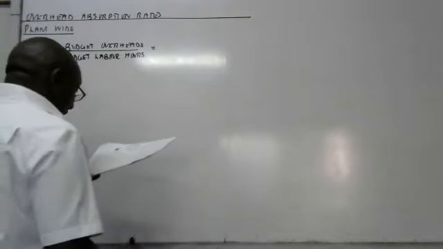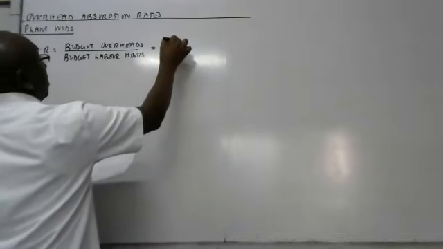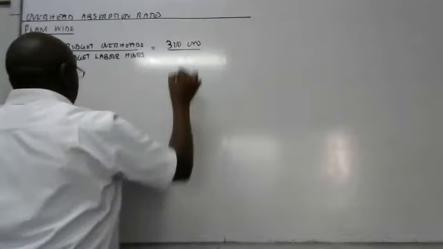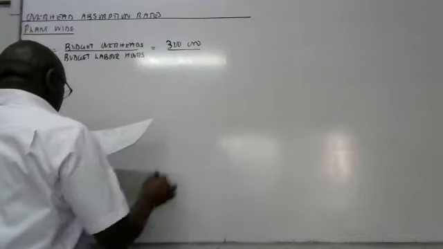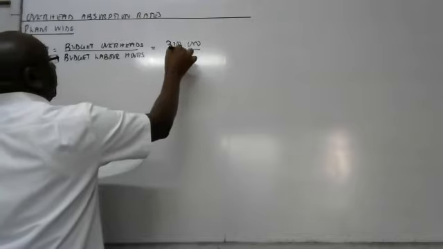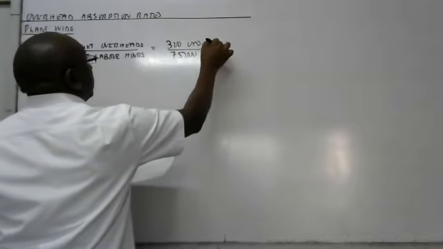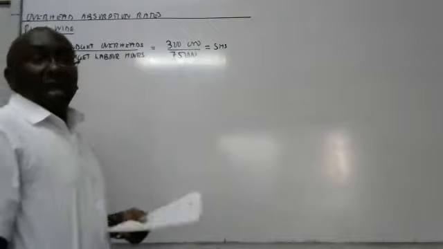So the budget overheads are 300,000. And all the hours, as you can see, are 75,000. So give me that amount.